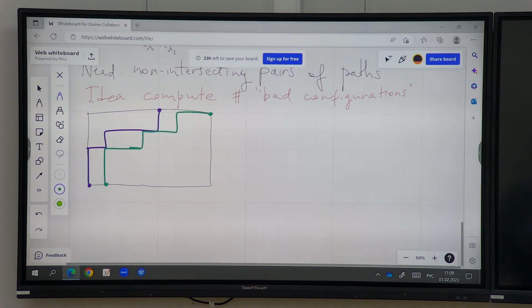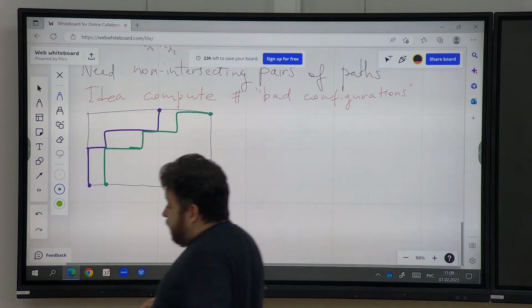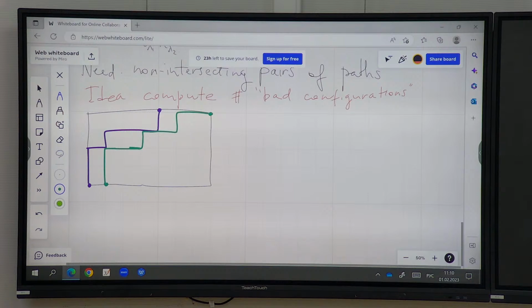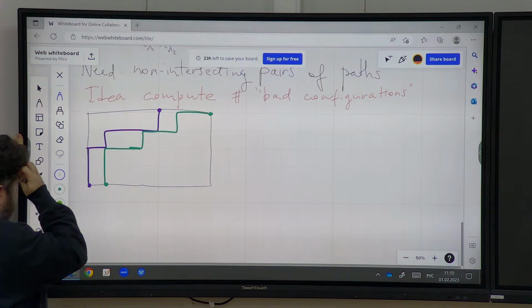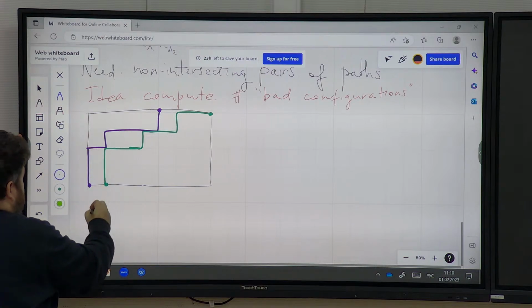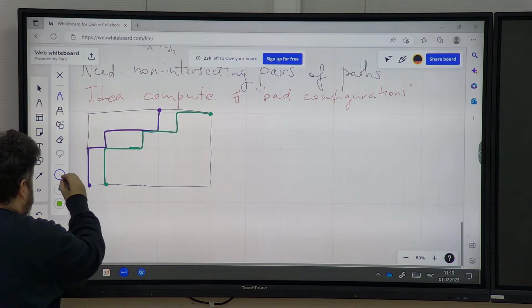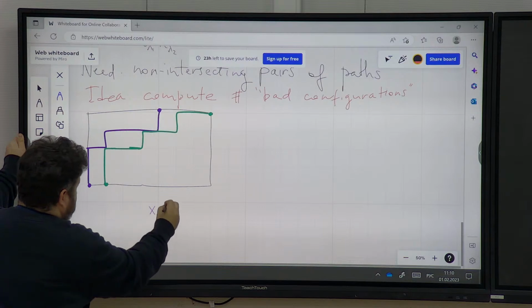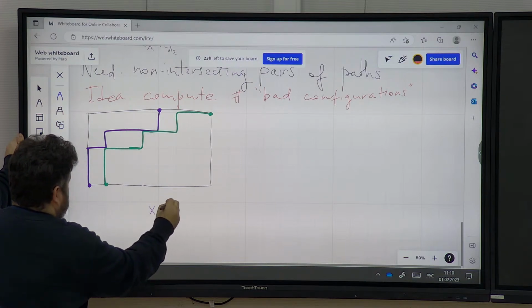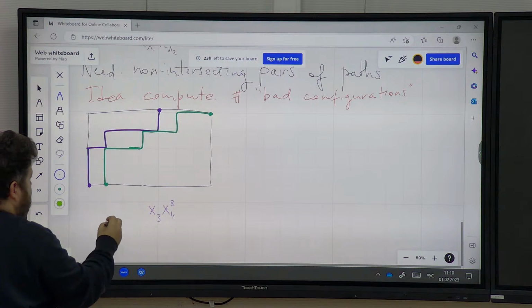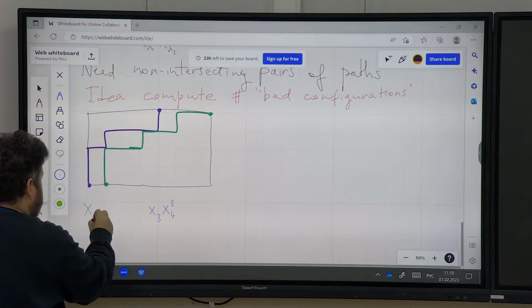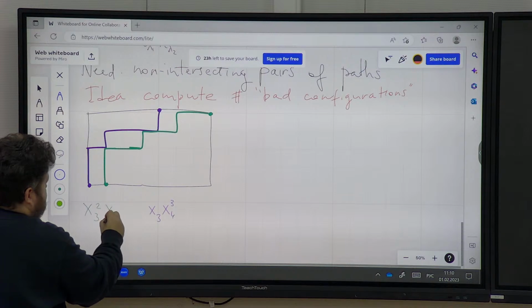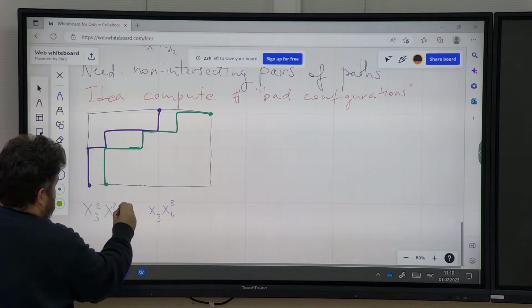It is not semi-standard. It doesn't satisfy this semi-standardness condition. But still, I want to compute the monomial for this thing. For the second one it will be x3 times x4 to the second, to the third, and this guy is going to be x3 to the second, x4 to the second, x5 to the second.